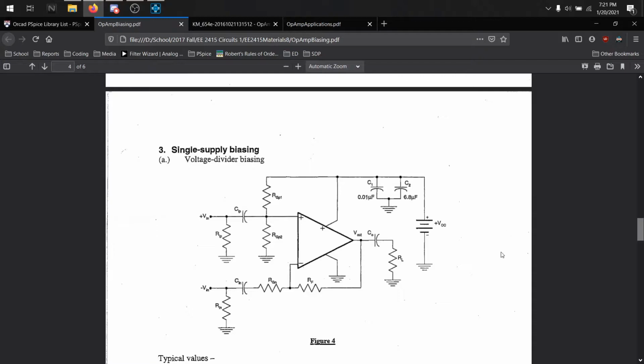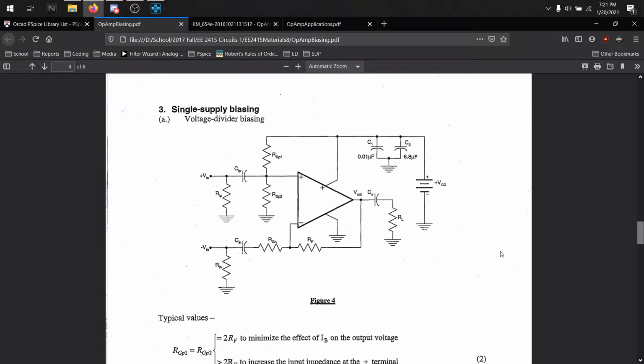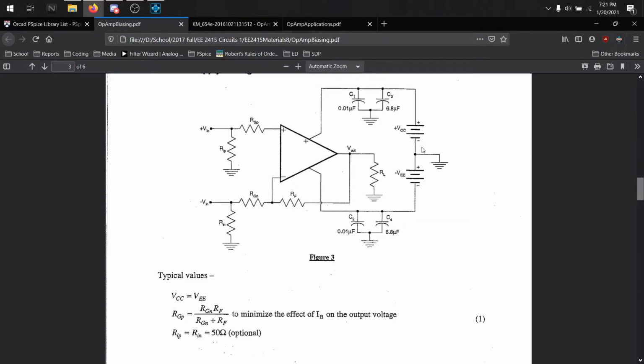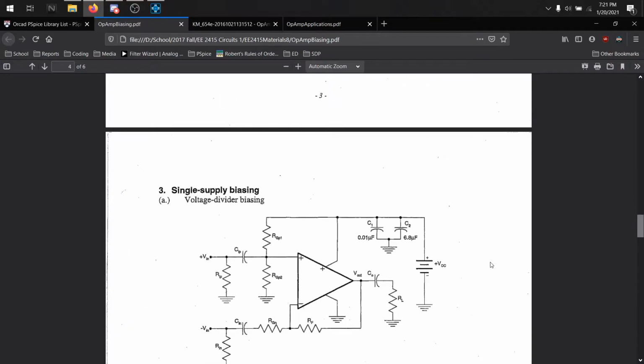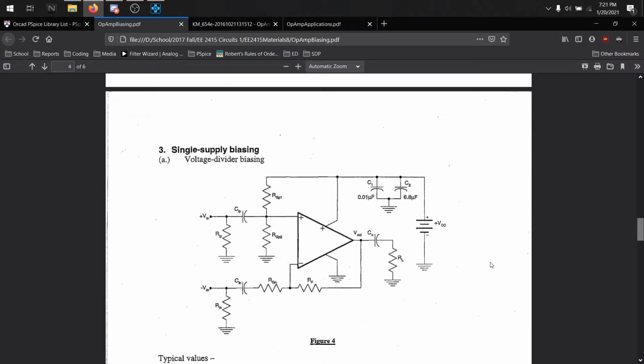Now, single supply biasing is a little trickier than dual supply, because these two batteries don't affect the input. They go right to the biasing terminals. When you do this, you have to make sure your op amp can handle a single supply bias, and you have to read the data sheet to figure it out.